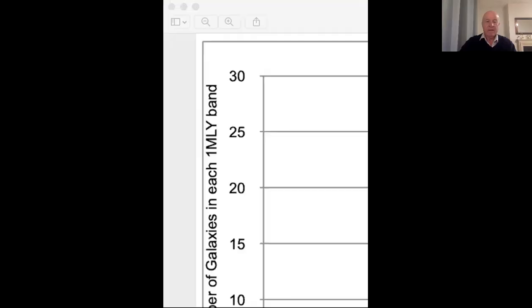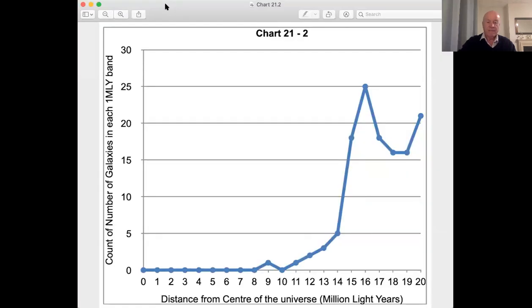So there's one more thing that I want to show you related to this, and that's the plot of numbers of galaxies starting from the center of the universe. So here is the center of the universe, and here's the first galaxy at 9 million light years, and then there's nothing here, and then 1, 2, 3, 5, 18.